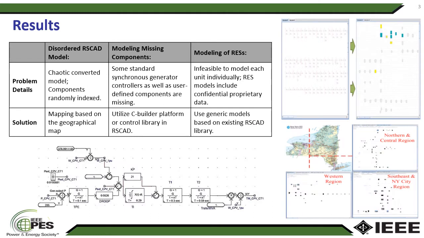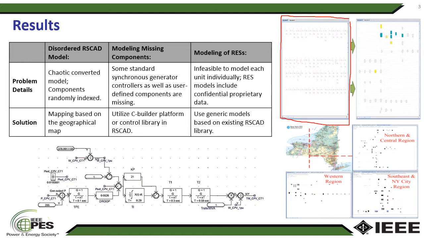By using the RSCAD conversion tool, we are able to upload the PSS raw file, and the outcome is a disordered RSCAD model. It is very chaotic, and also components are randomly indexed, as you can see in that figure here. This model needs to go through a lot of steps in order to be organized. The first step we suggested here is to split the grid into smaller subsystems.